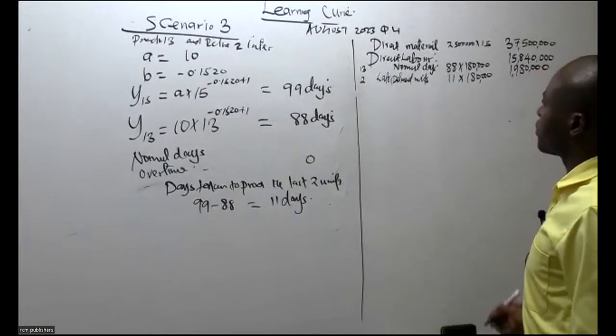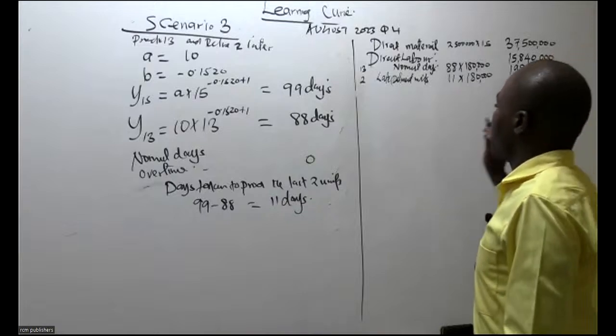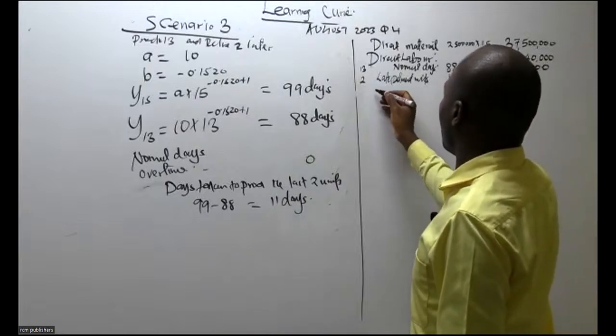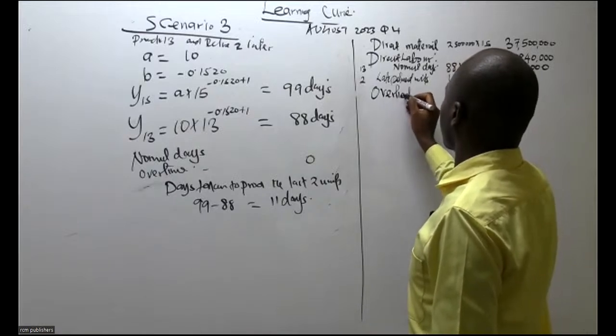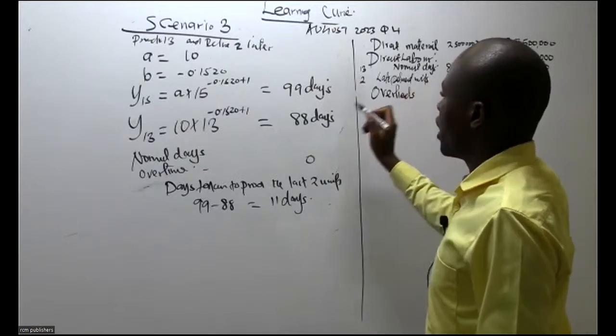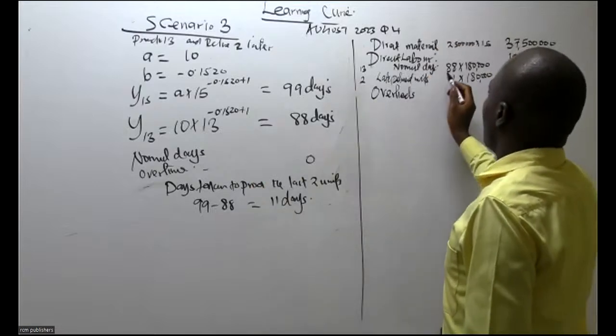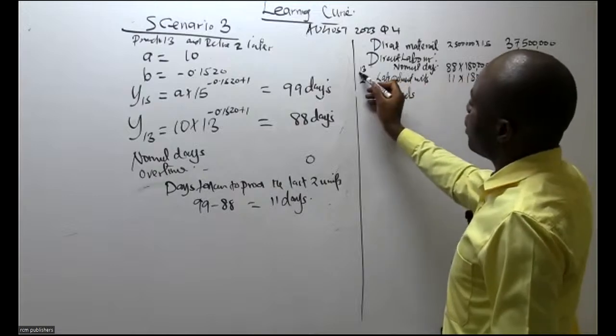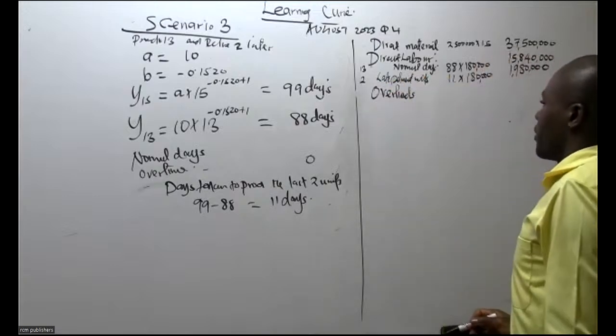1,980,000. Direct material, direct labor, late delivery units. Then we have what we call overheads. Overheads are paid on the normal working days. The normal working days here, we have the 88 for the 13 units and 11 for the 2 units. Total itakuwa ngapi?